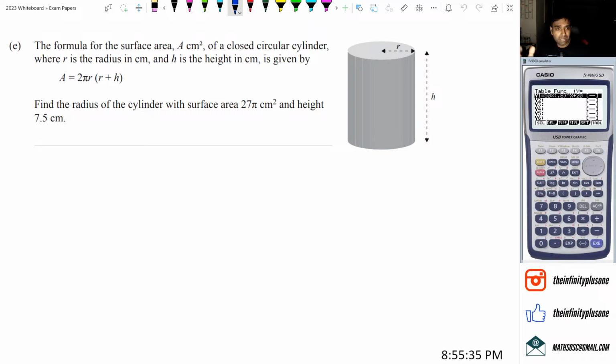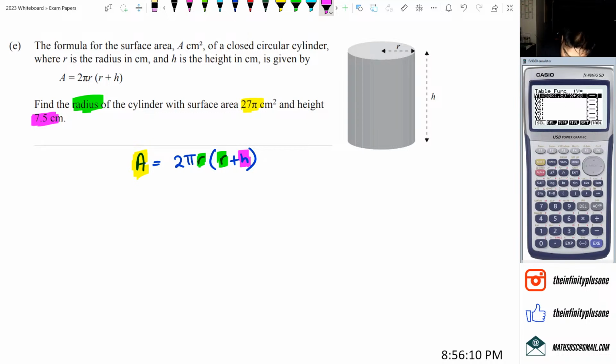They've given us the formula, which is that area equals 2 pi r, and r plus h. That's the area. Now they're asking us to find the radius, when the surface area is 27 pi and the height is 7.5 centimeters.